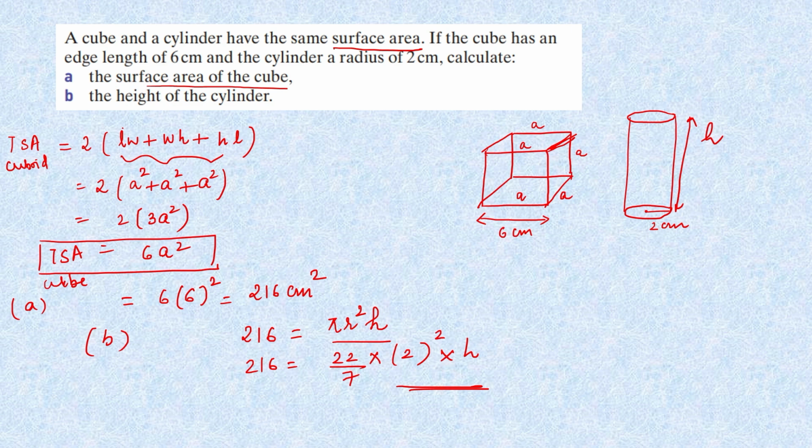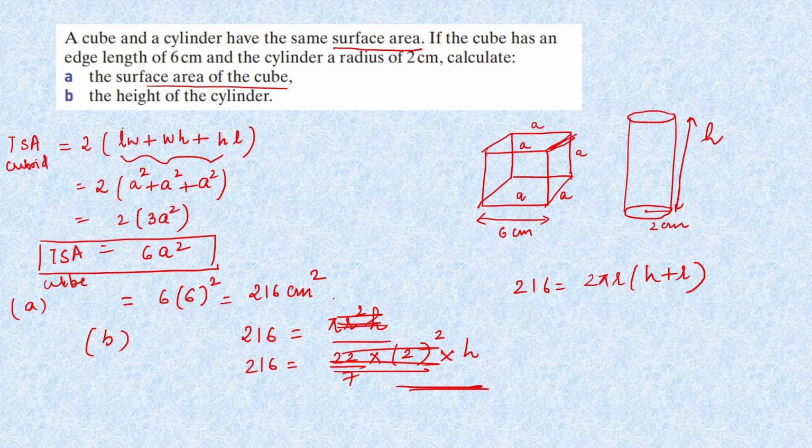Oh sorry, this formula is not right. The total surface area of the cylinder is 2 pi r into (h plus r).